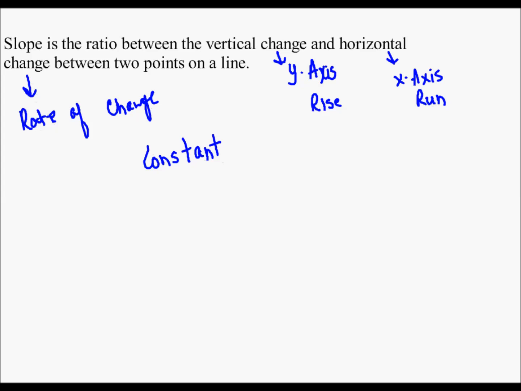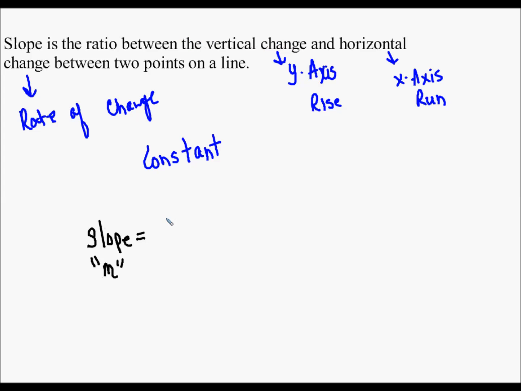Slope can be defined by the formula. It's a simple formula. Slope equals, and just remember, slope is also referred to as m. That's the variable we use to represent slope. Slope is the change in the vertical change.